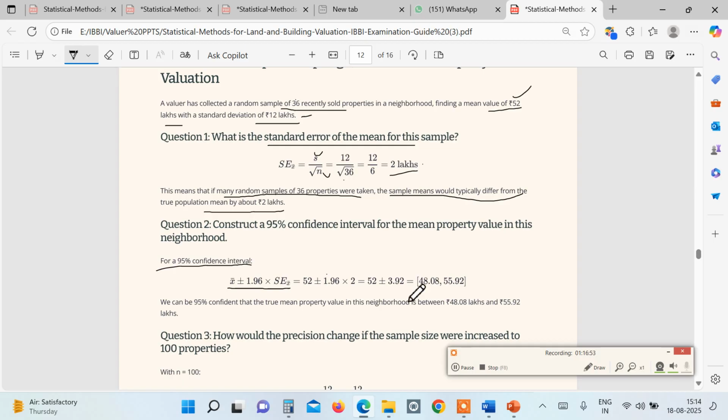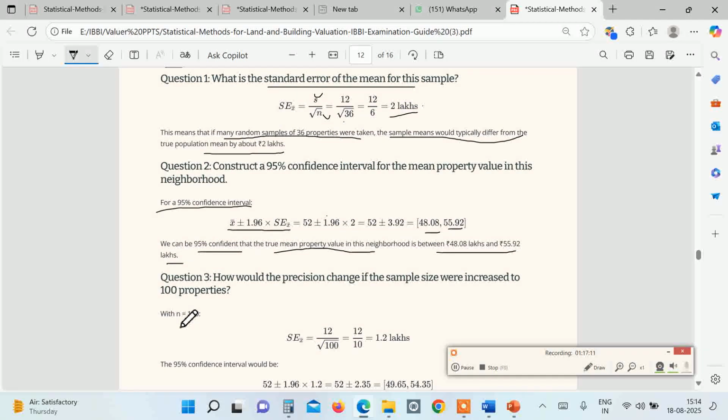So it is 48.08 to 55.92. So we can be 95% confident that the true mean property value in this neighborhood is between 48.08 and 55.92 lakhs.